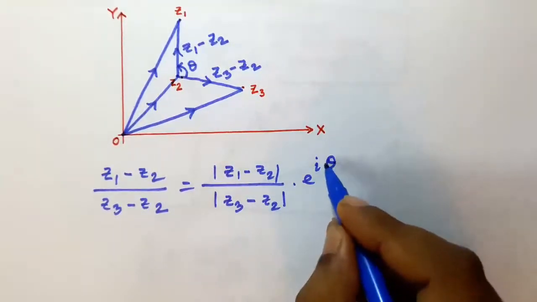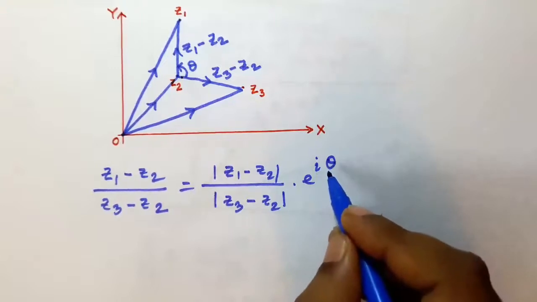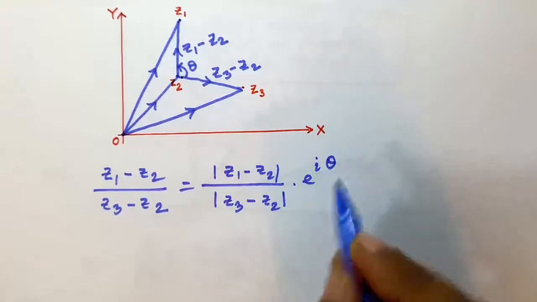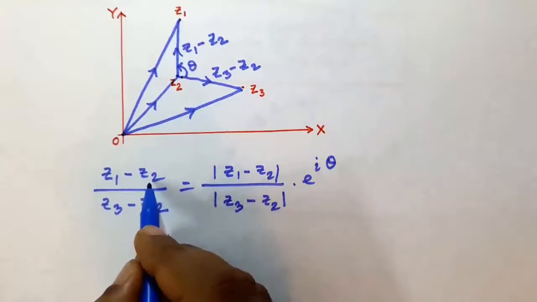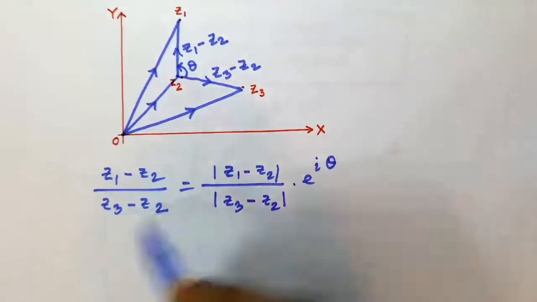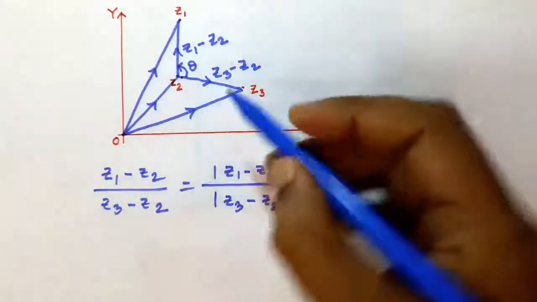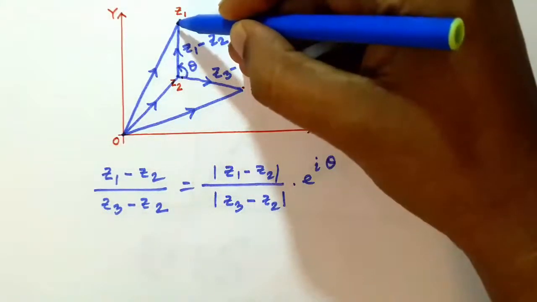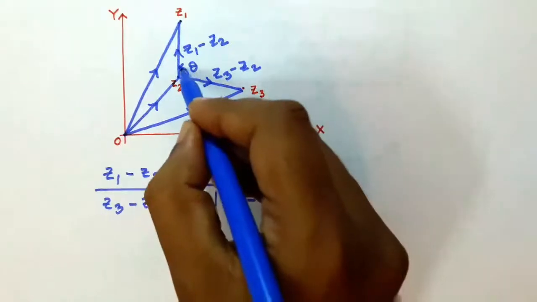What is theta? Theta is the angle travelled from initial to final, and Z1 minus Z2 is the final position. Z3 minus Z2 is the initial position. This is the angle travelled.